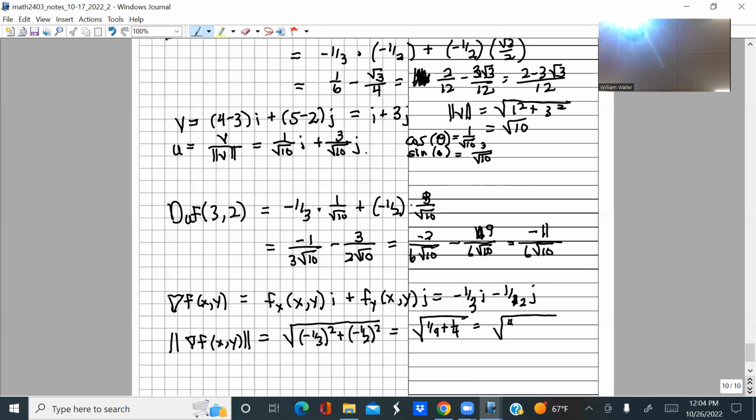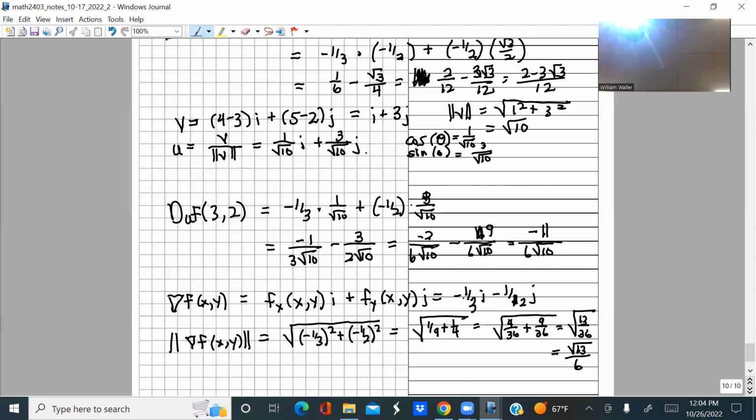Yeah, so 1/9 is 4/36, and 1/4 is 9/36. So you just get the square root of 13 over 36. You can break that up as the square root of the numerator and denominator, and that's useful in this case because the denominator is a perfect square. The square root of 36 is 6.